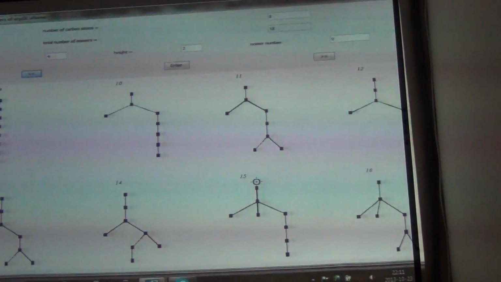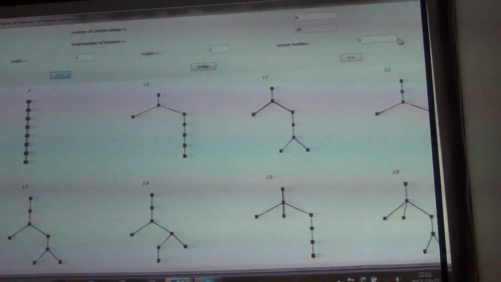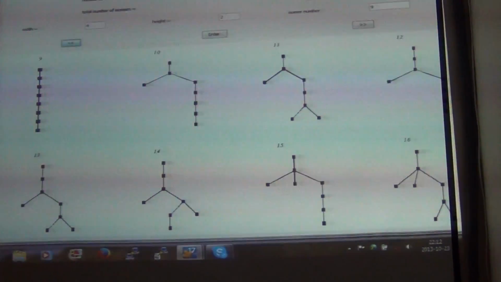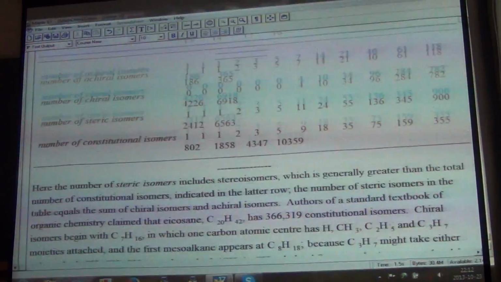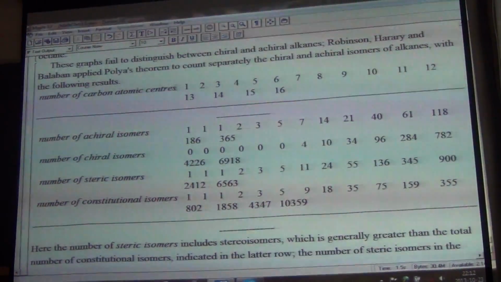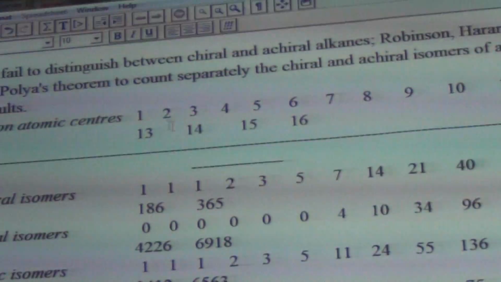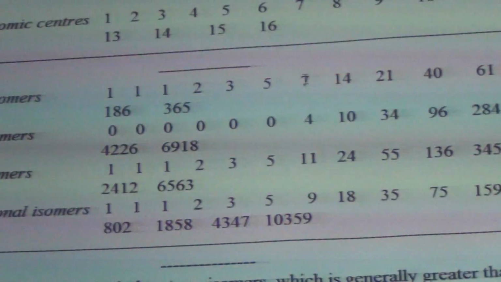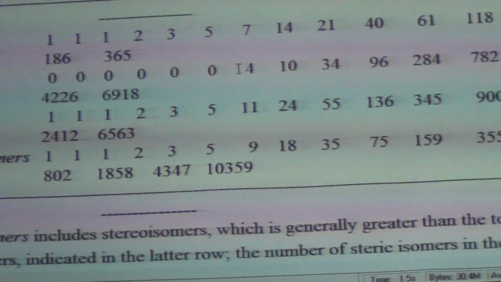Anyway, this is designed to work for the acyclic hydrocarbons. We have a table of results here. So if we have this number of carbon atoms, from 1 to 16, then we have this number of achiral isomers, and this number of chiral isomers.